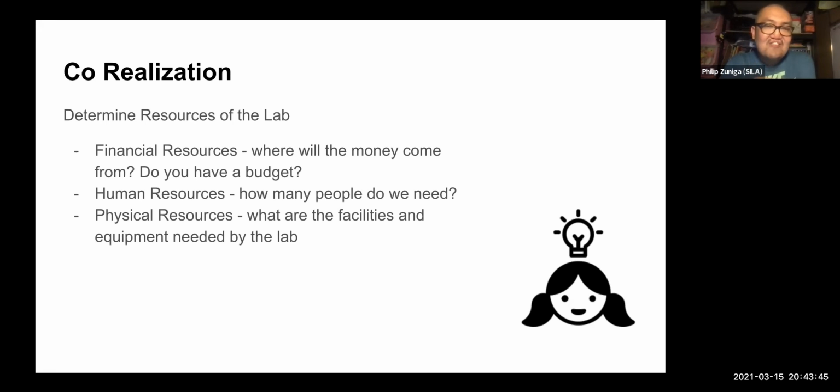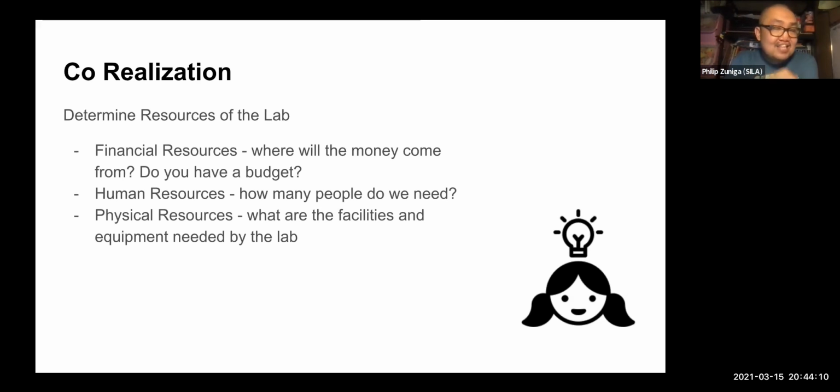And next one, we need to develop a budget. So the budget will depend on the resources that we need, and the resources that we need will depend on what our purposes are. If we will be a software development lab, then we will need to hire programmers. If we will be hiring programmers, then we will need to allot budget for programmers.